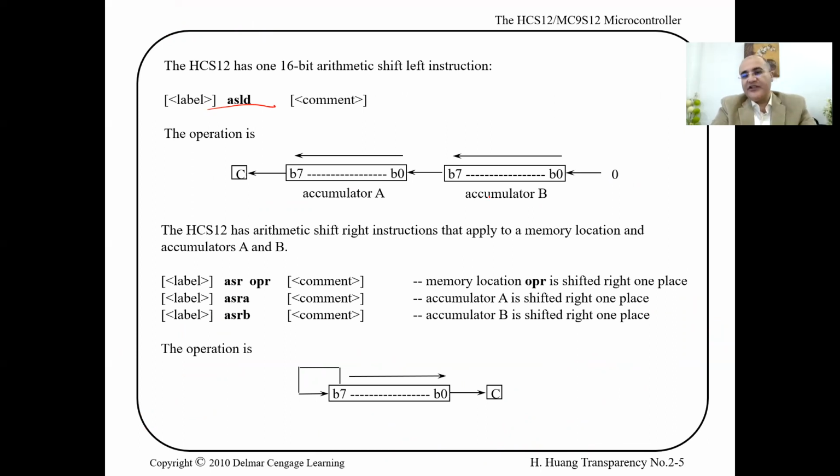Now for the arithmetic shift right. And this is important. Since it's an arithmetic operation, then the number matters. The number has a value, right? It's an arithmetic operation. So a positive number has to stay positive, a negative number has to stay negative, which means that the most significant bit here, you cannot insert a 0.